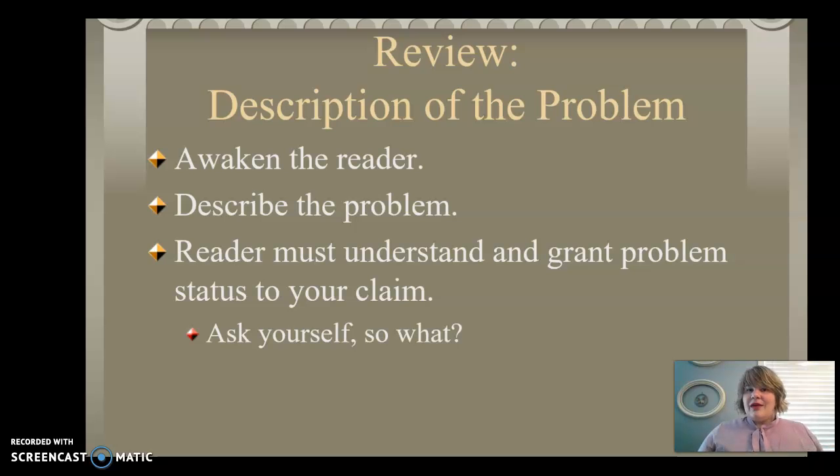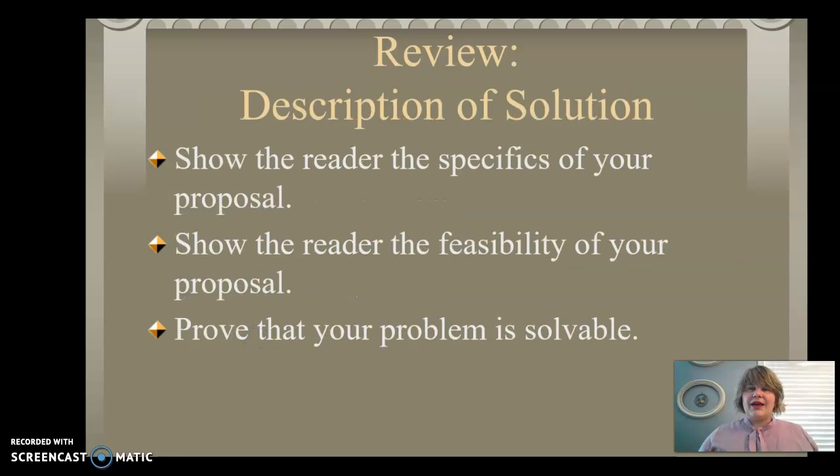So remember, in the problem solution papers, just a quick review, you were going to awaken the reader, describe a problem. The reader/audience must grant you problem status to whatever it is you're arguing about. So you want to make sure that your problem is significant enough that people want to do something about it.